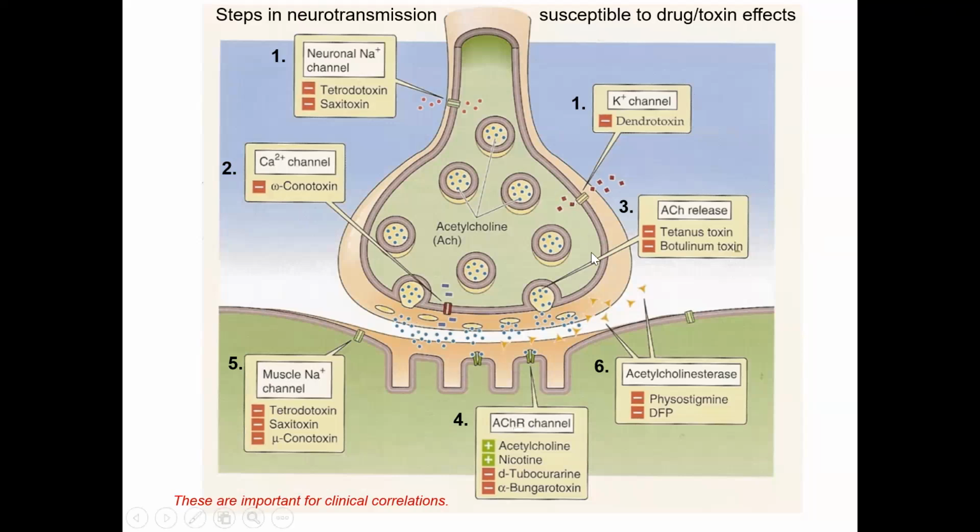There are 6 different possibilities to block the neuromuscular transmission. And I told you that there are drugs that we use in medicine by which we want to block this neuromuscular transmission. There are diseases by which the neuromuscular transmission is affected and results in muscle weakness.